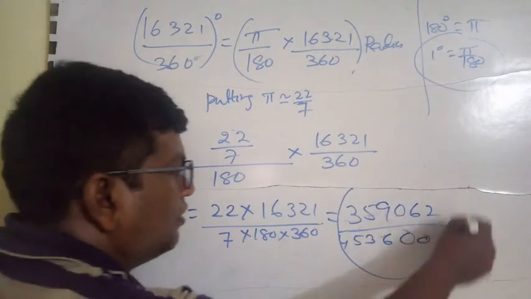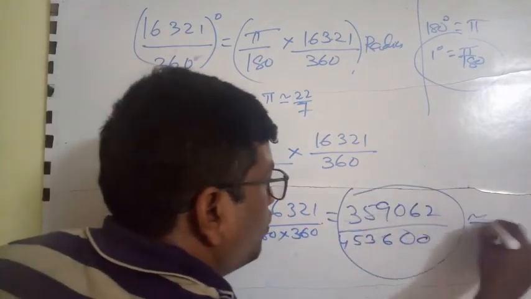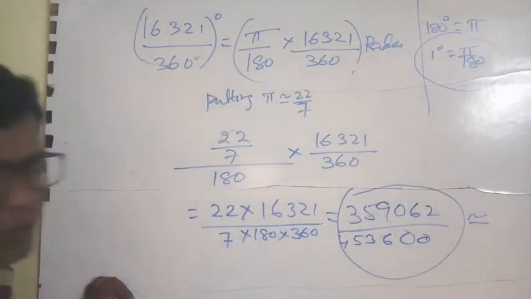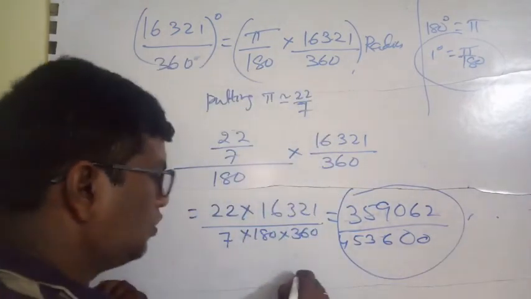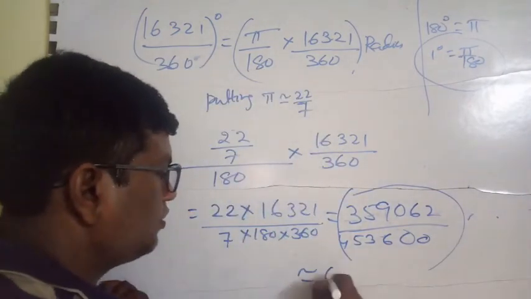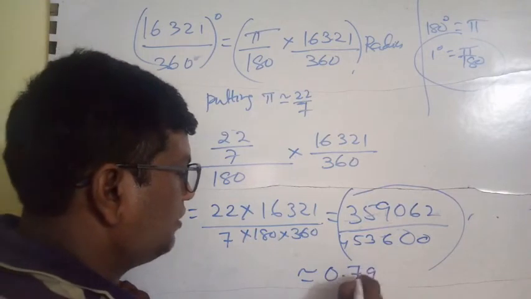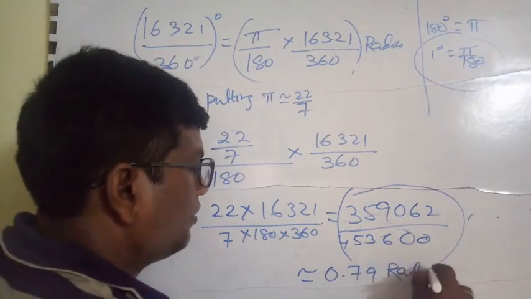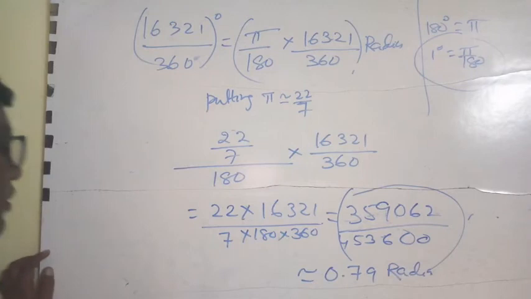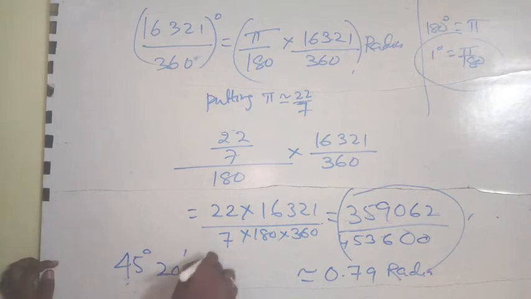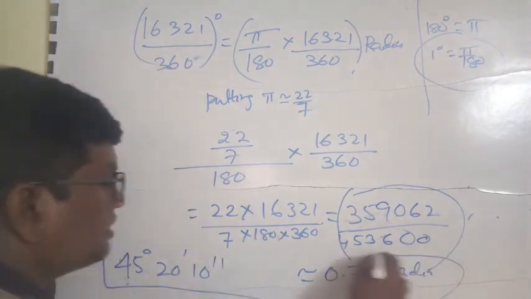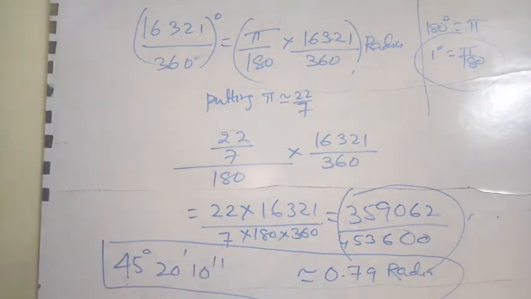Calculating this factor, it is nearly equal to 0.79 radian. Therefore 45 degree 20 minutes 10 second is equal to 0.79 radian.